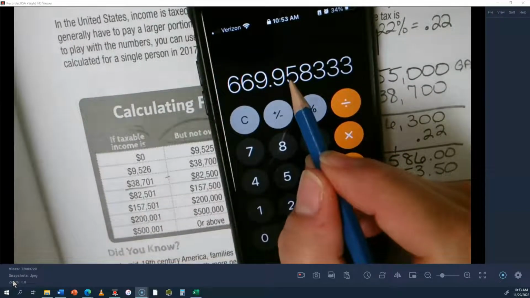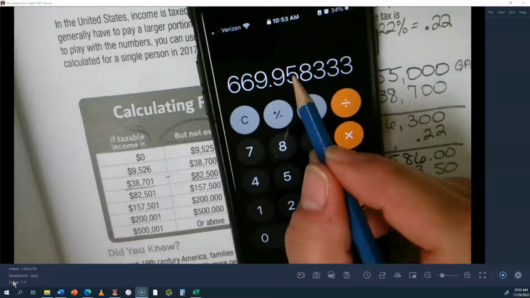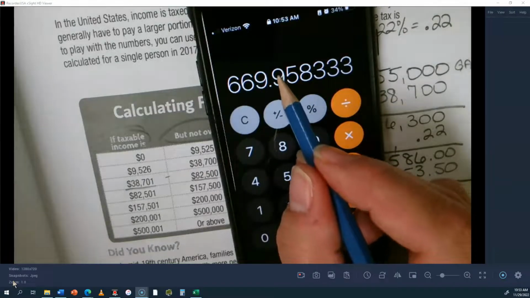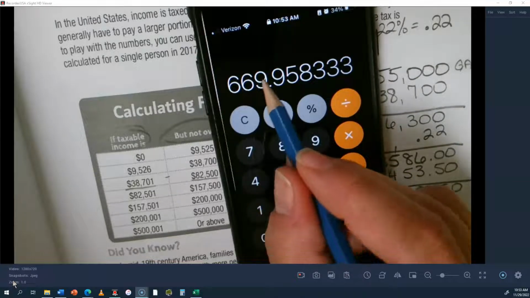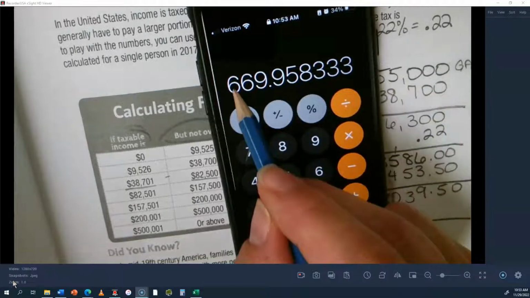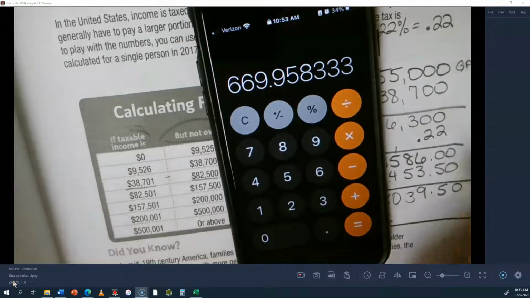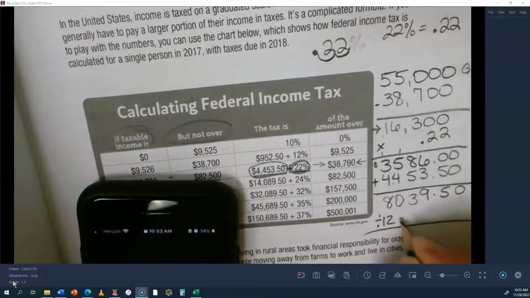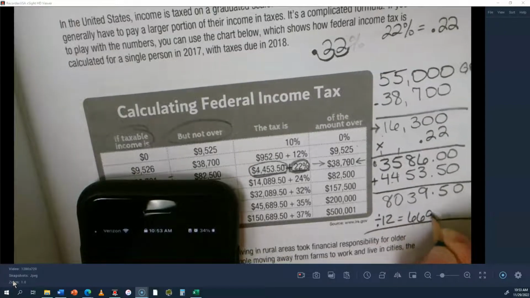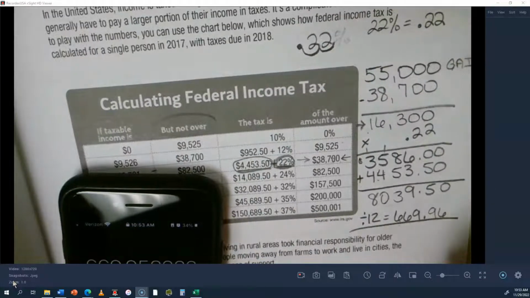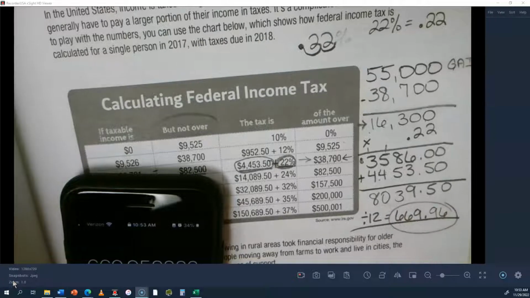So 8 rounds the 5 up to a 6. The 6 rounds the 9 up to a whole number. And then that's going to round this from $669 to $670. Or, because it's money, I can just round up to $669.96, which is what I'm going to do. Okay? So $669.96 a month is my federal income tax.